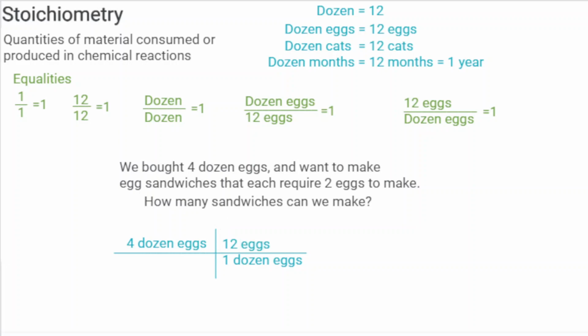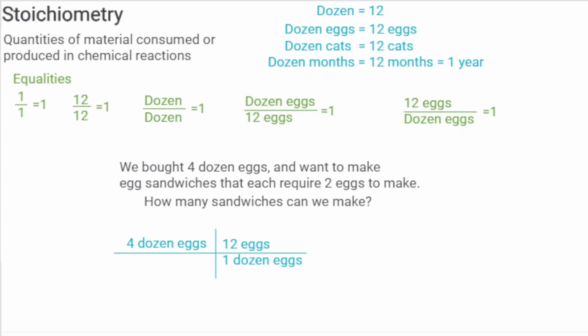And the idea here is that whatever we have on top, we're going to divide by the bottom. So we have a dozen eggs here divided by the same unit of dozen eggs. Those units will cancel out, and now we'll be left with just units of eggs. So if we do 4 times 12, that'll give us 48 eggs.